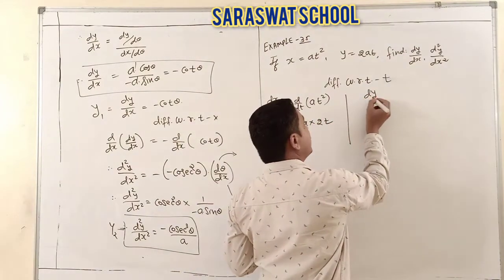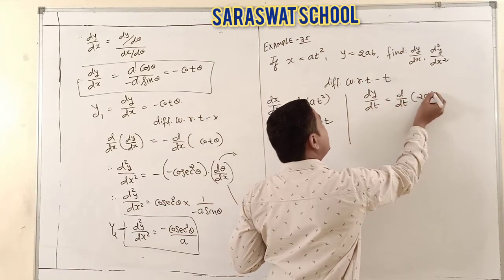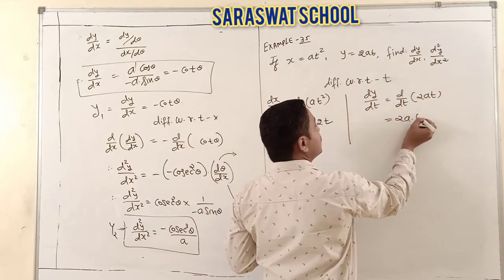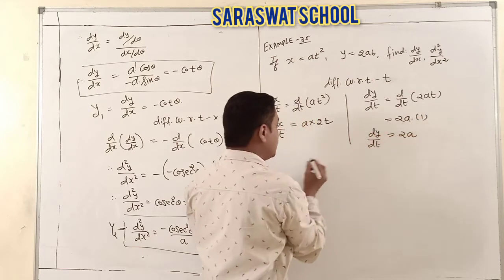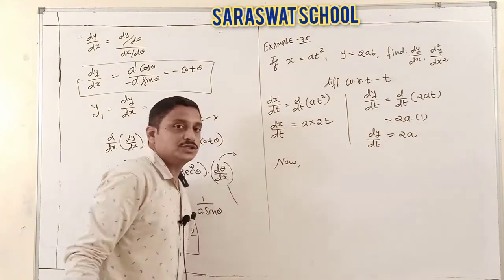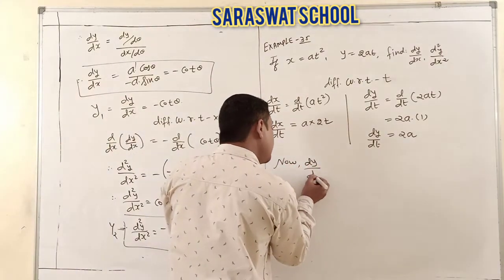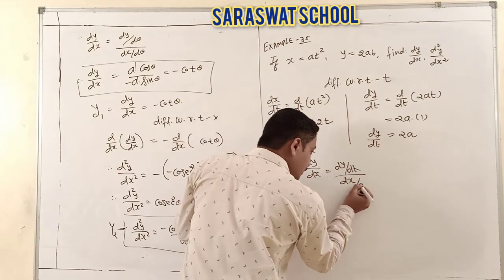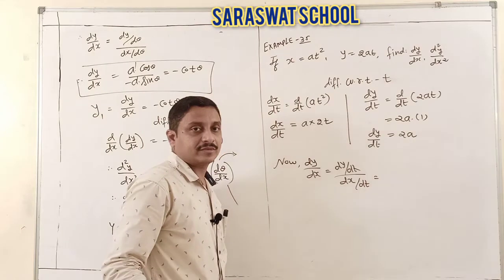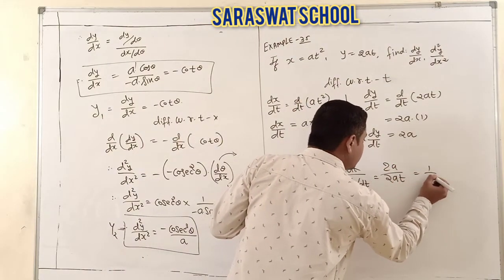Similarly dy by dt, d by dt of 2at, t is 1, so it is 2a. Now, students, finally dy by dx is dy by dt upon dx by dt. Its value is known: 2a upon 2at. It is 1 by t.